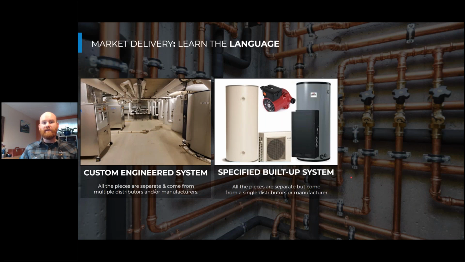So here in our specified built-up system, all the pieces are typically separate, but they're coming from a single distribution source or manufacturer, and we're putting them together in the field. And so that is more of the IKEA approach to getting our chair.